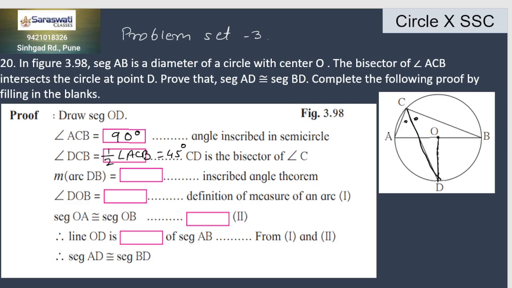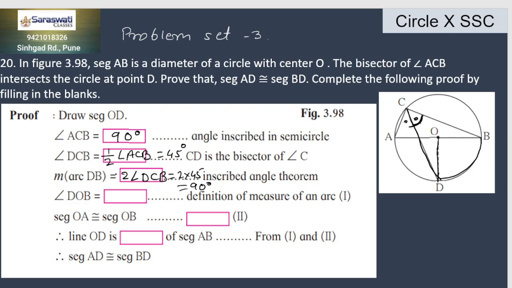And then we know measure of inscribed angle is half the measure of its arc, and that means measure of this arc DB is double the measure of this angle, so it is double the angle DCB. So 2 into 45, which is equal to 90 degrees.